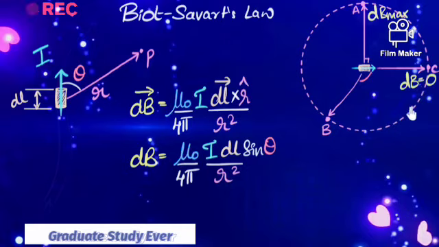Look at what you're seeing. Even though we're at the same distance, the magnetic field is not exactly the same because it not only depends on the distance, it also depends on the angle. That's the most important thing over here. We see that when you are at 90 degrees, whether you are here or somewhere else, you get maximum field. And at 0 or at 180 degrees, if I go here, this will be 180 degrees, sine 180 is also 0, you get 0.